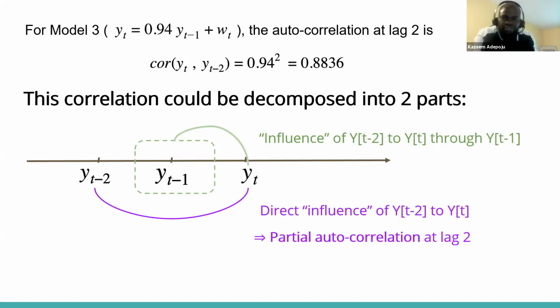If advertising is the predictor and sales is the response, and the only predictor in your model is advertising, then you are looking at the direct contribution of advertising to sales.